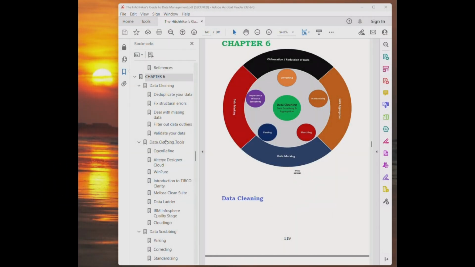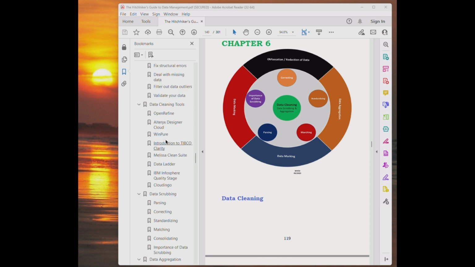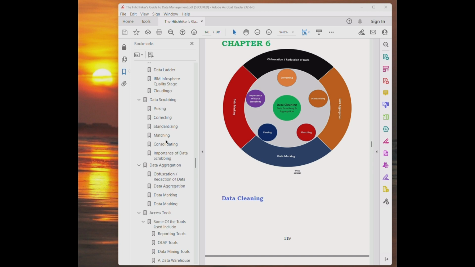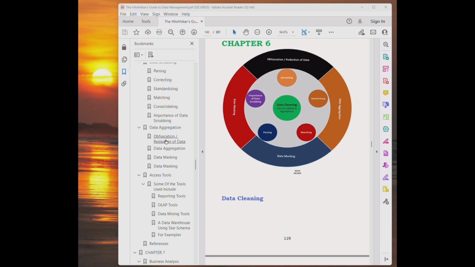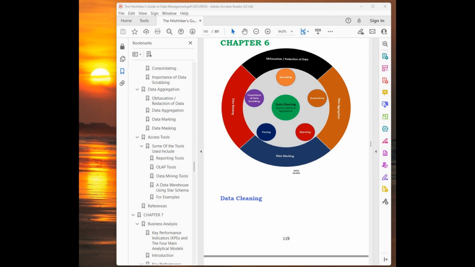Chapter 6 has great coverage of data cleaning. The section on processes is especially helpful as it provides a clear roadmap for tackling the important tasks. The chapter covers data duplication, which can be a tricky process, as well as strategies for fixing structural errors. Also providing a great discussion on filtering data outliers, which you may find to be very interesting.